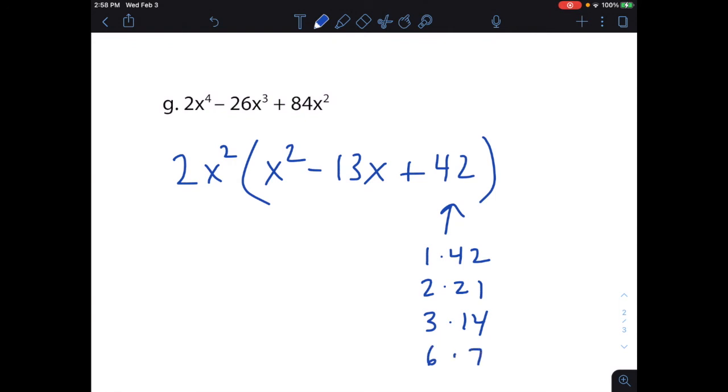And then the next one would be 7 times 6, and I don't need to write it because then I'd be repeating myself, right? And in this case, since it's positive 42 and a negative 13, that means both the numbers have to be negative, and the two that work are 6 and 7. So we're going to write this as 2x squared times x minus 6, x minus 7.